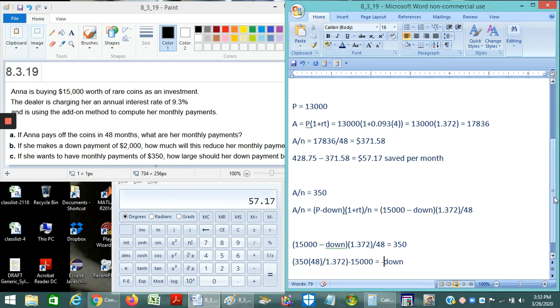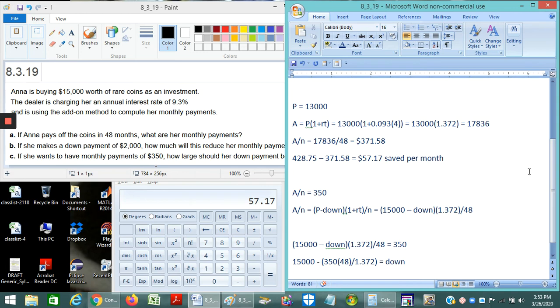But we don't want the opposite of the down payment, right? We want the down payment. So if we multiply both sides by negative, then this negative goes away, and we end up switching the order of this side so that the 15,000 is the primary, and we take away the 350 times 48 divided by 1.372.